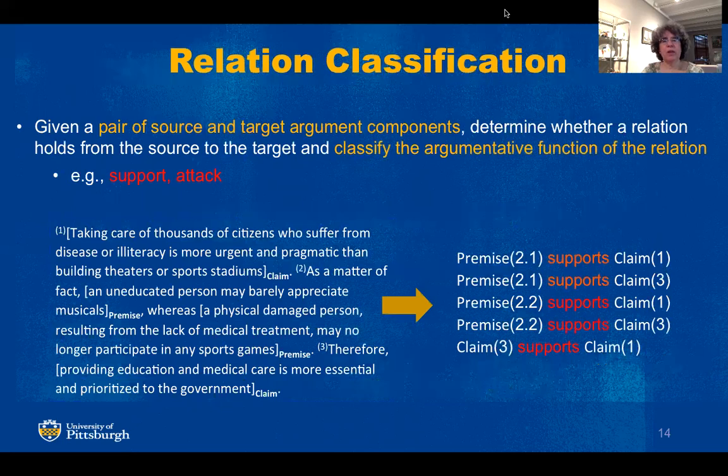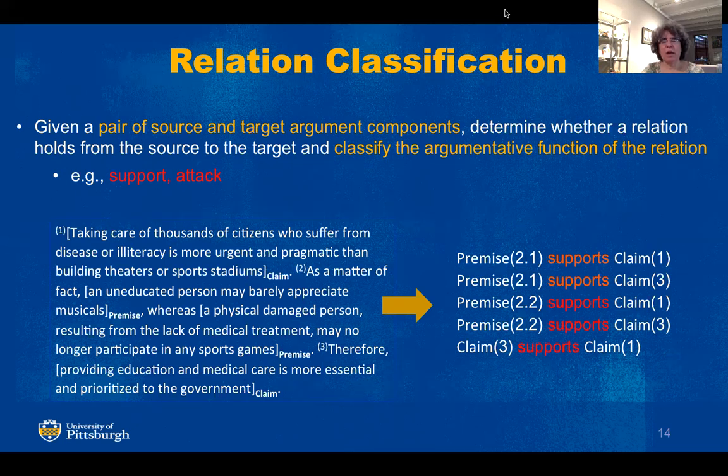So what is relation classification? This is the 3rd step in that pipeline. We've already done the segmentation, shown with the bracketing here, and once we have the segments, labeled them with respect to their roles in the argument. So that's labeling each bracketed unit with something from an argument ontology, here claim and premises.